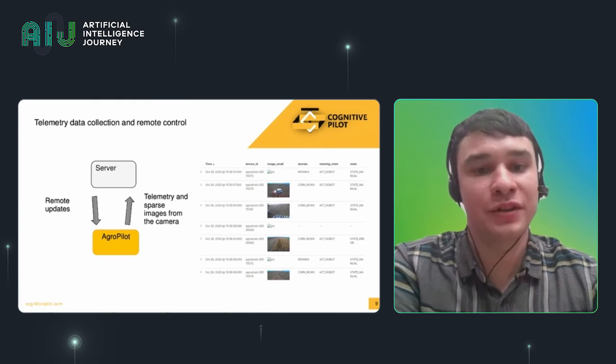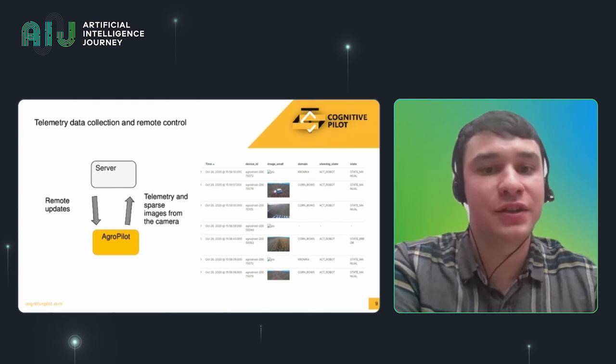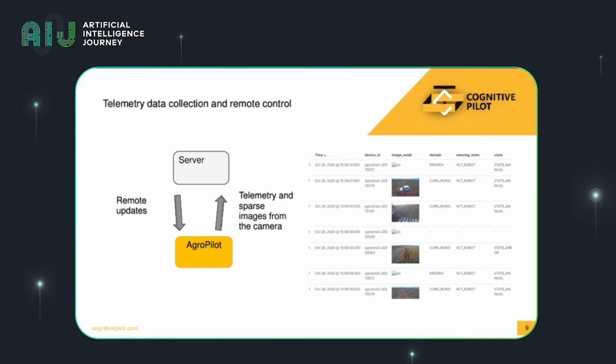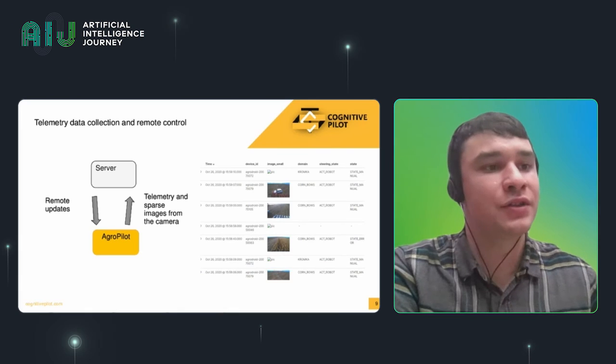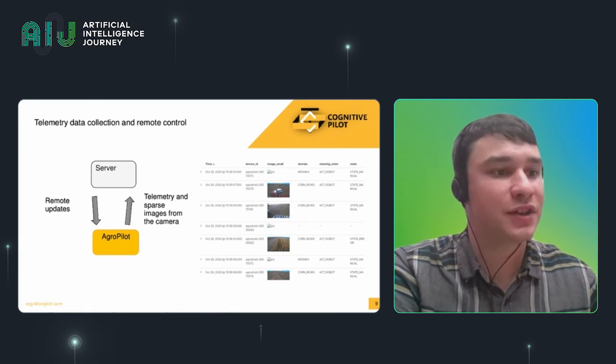One more point that is very important is telemetry data collection and remote control. Our AgroPilot units simultaneously send us telemetry data during the harvesting, and also some images of the harvesting from time to time.